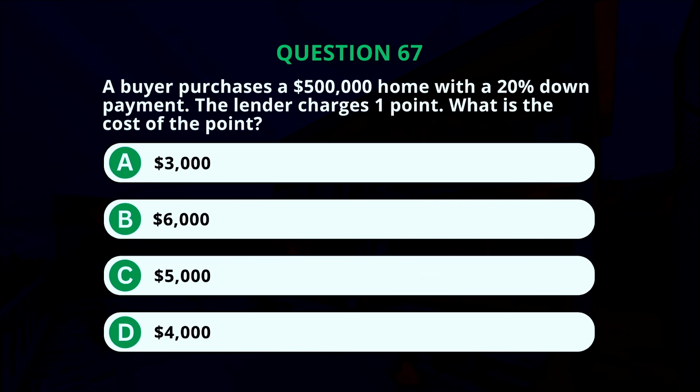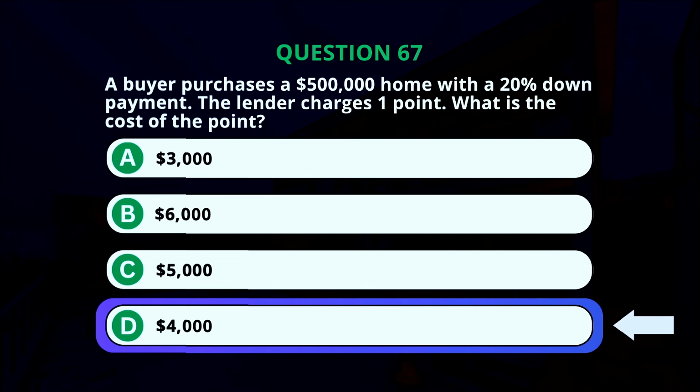Letter A, $3,000. Letter B, $6,000. Letter C, $5,000. Letter D, $4,000. And the answer? Letter D, $4,000.